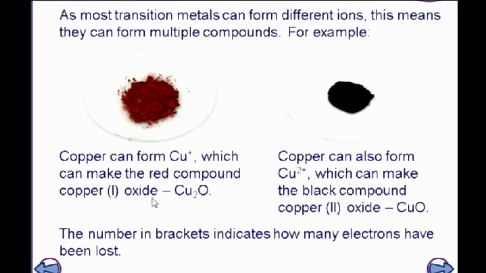When we say copper 1 oxide, it has lost 1 electron. When we say copper 2 oxide, it has lost 2 electrons. So see the difference in transition metals having variable oxidation states. When these elements form compounds, they have different properties and different colors. So this is one very good example.